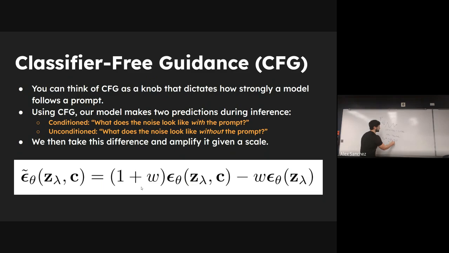So again, we find the separation between the two. We multiply by some scale, and then we add it to the noise that we predict without a prompt. And it kind of separates it further from this, and it separates it further from just this. And it strengthens its confidence in landing.